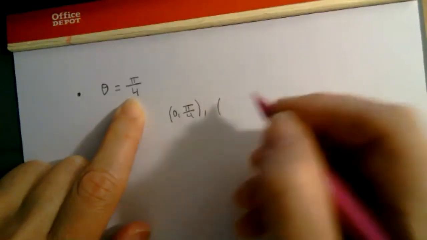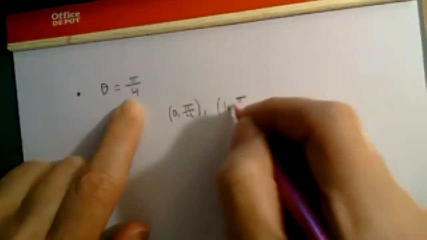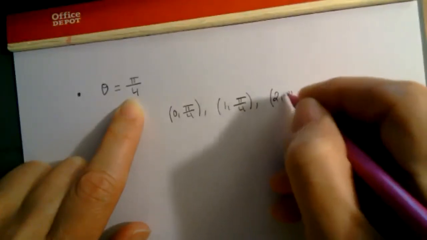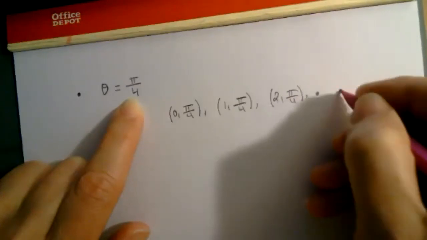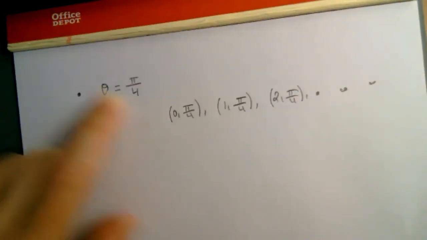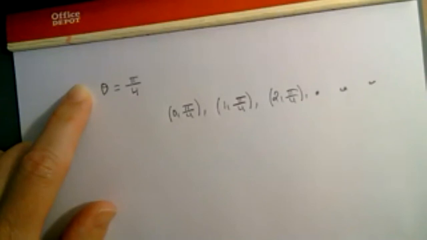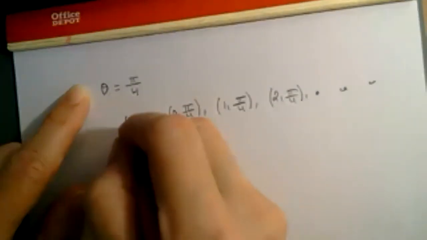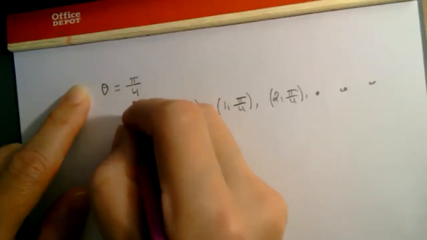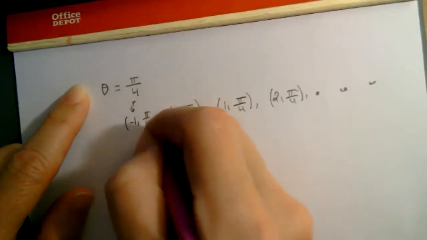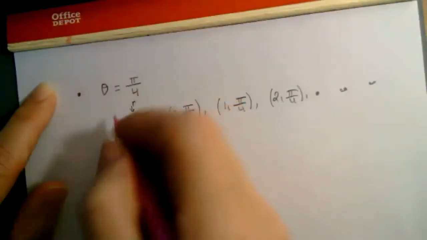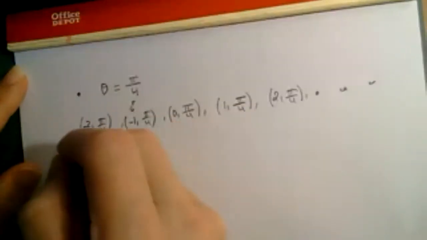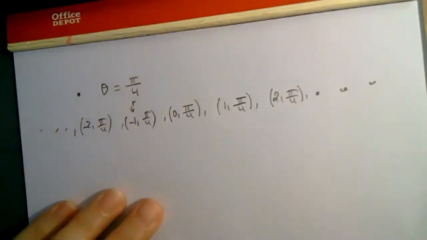So r can take any value it wants. So this is another point. This is a third point, and etc. I did not put any restriction on r. It means I will allow r to be negative, negative, pi over 4, and so on and so forth.